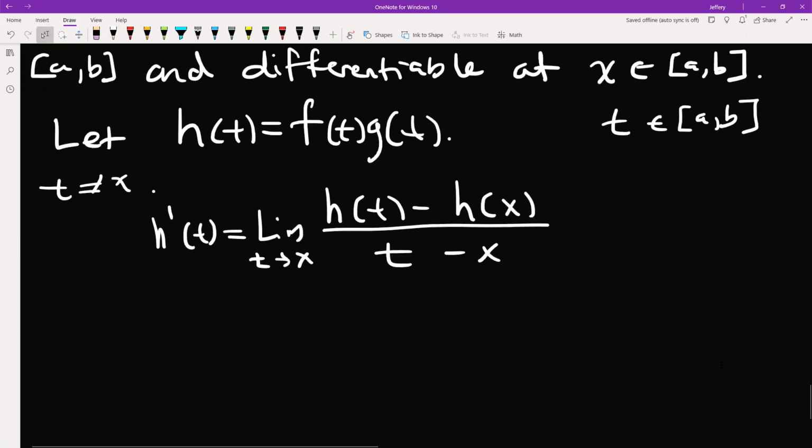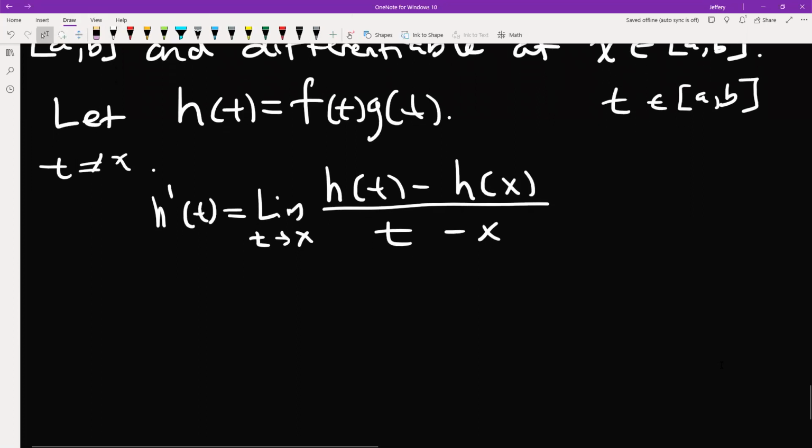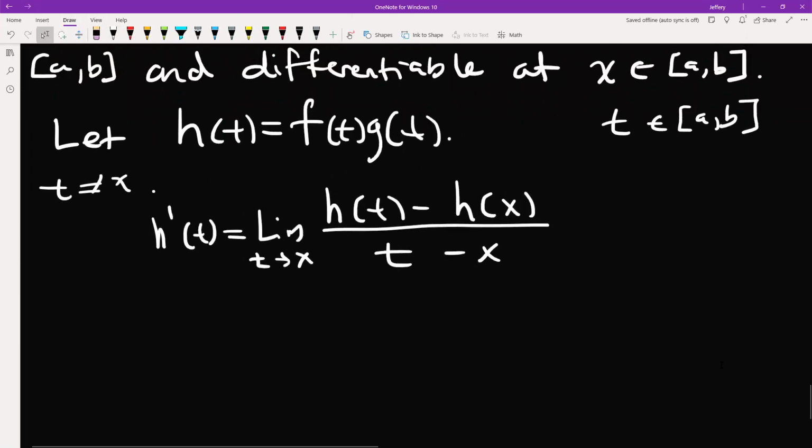You have to do it step by step. Now we're going to replace h with the right-hand side of the equation. I really want to go back and exclude t from being a or b.